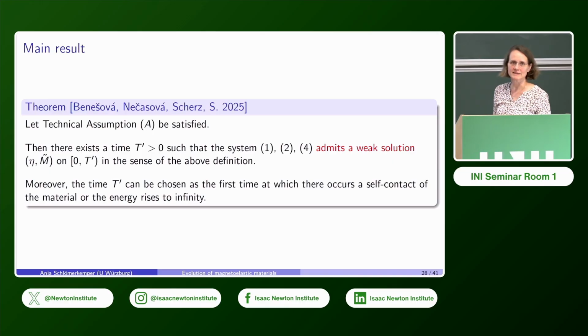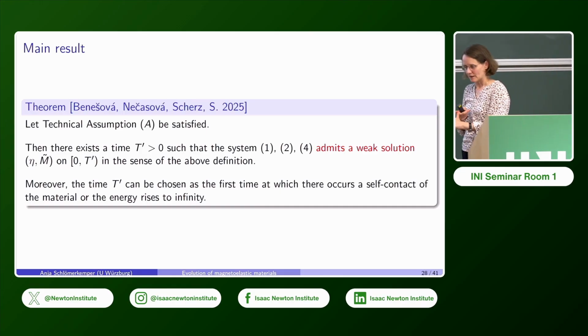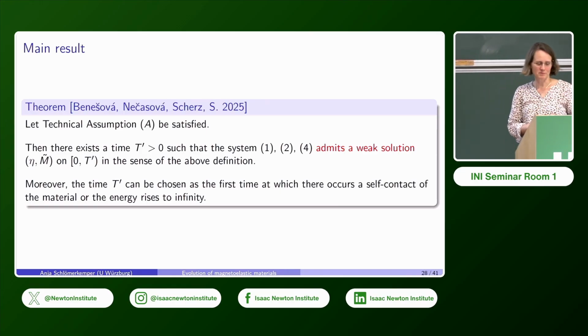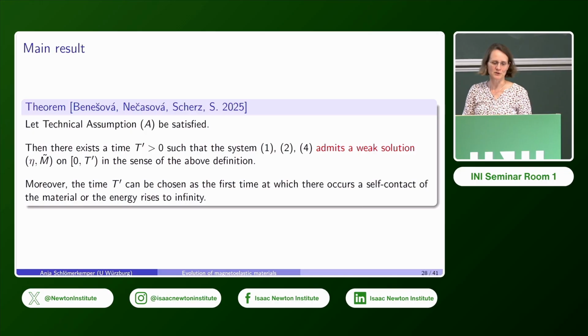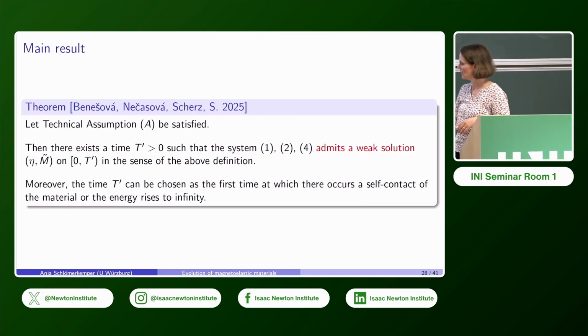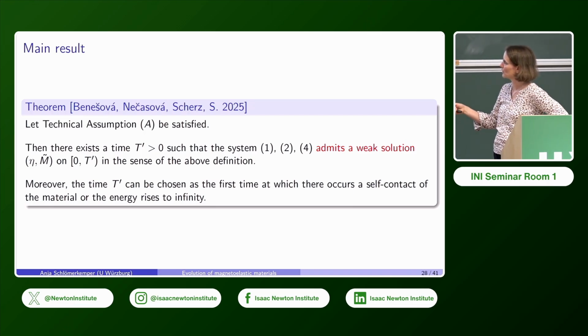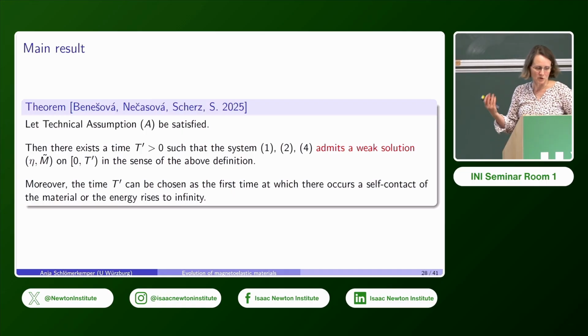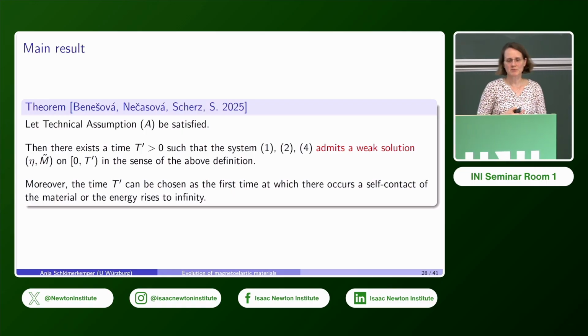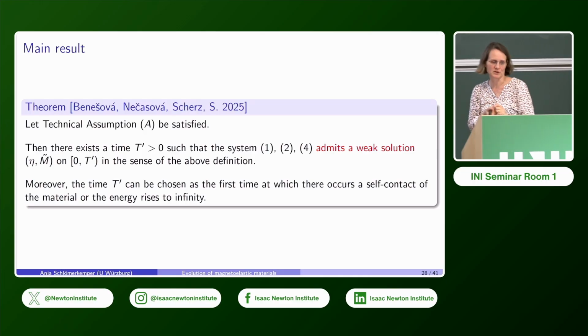Then there exists a time t prime bigger than 0 such that the system, balance of momentum, boundary condition for eta, and the magnetic force balance, admits a weak solution, eta and m tilde, on the time interval from 0 to t prime in the sense of the above definition. Moreover, the time t prime can be chosen as the first time at which some self-contact of the material occurs, or the energy tends to infinity.